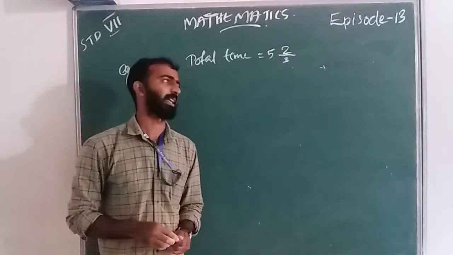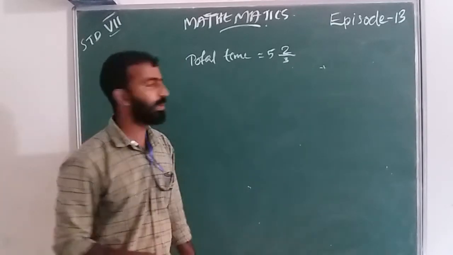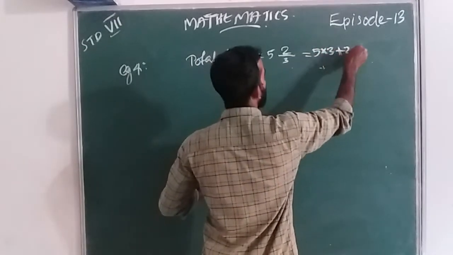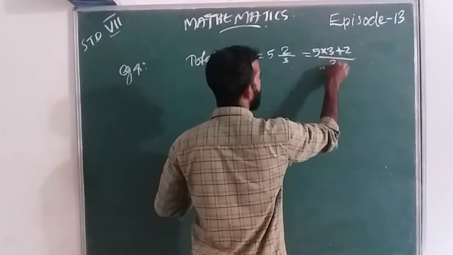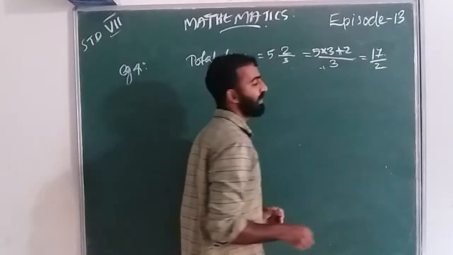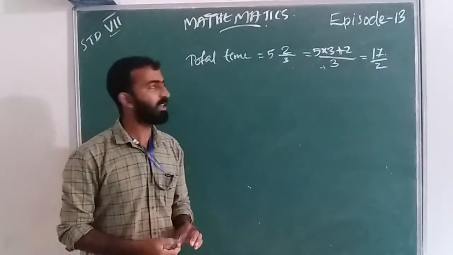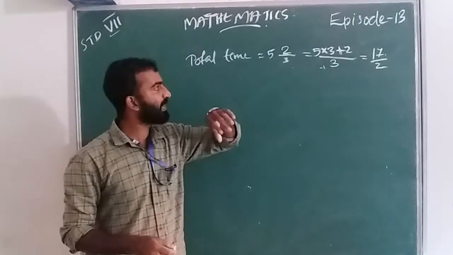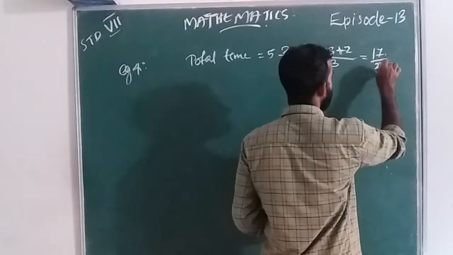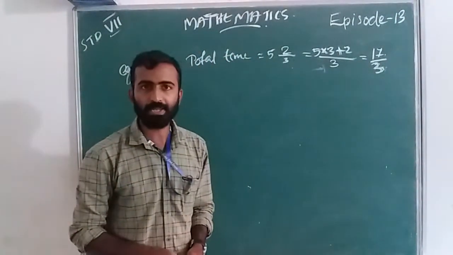Yes. We want to convert it into an improper fraction. That is 5 into 3 plus 2 whole divided by 3. 5 into 3 means 15, 15 plus 2 is 17, so 17 by 3, because the denominator is 3.